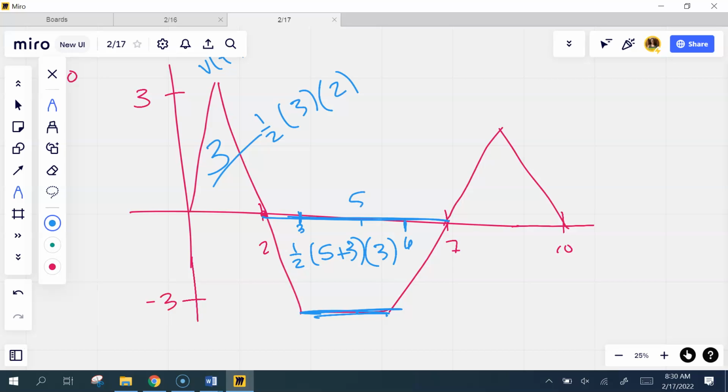This is 5. This is 3. Okay, 4. This one's 12. Area here would be 1/2. It looks like 7 to 10 is 3, and then it's up 3. So 9/2.